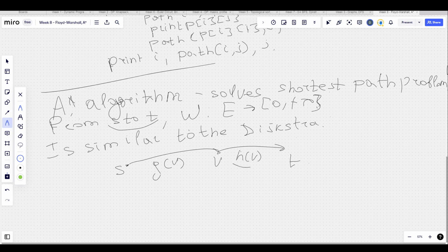H(v) is called heuristics, which is different in every task, and G(v) is the usual function that we used in the Dijkstra algorithm.